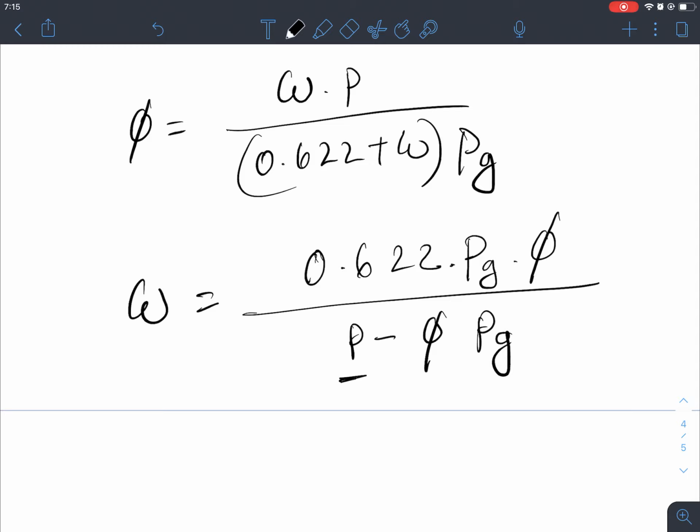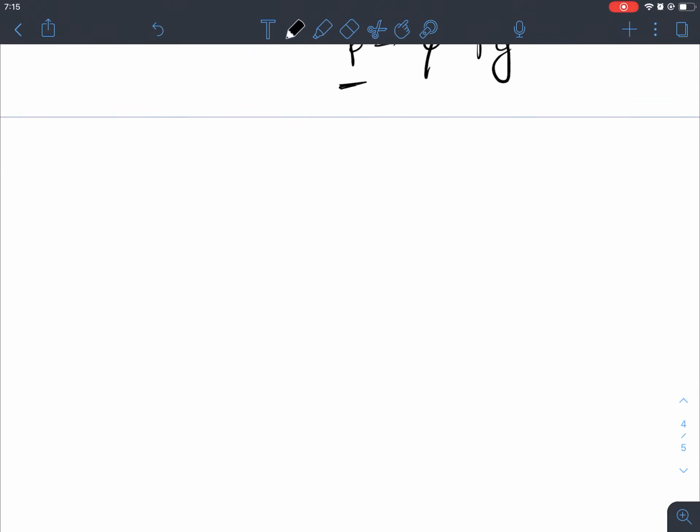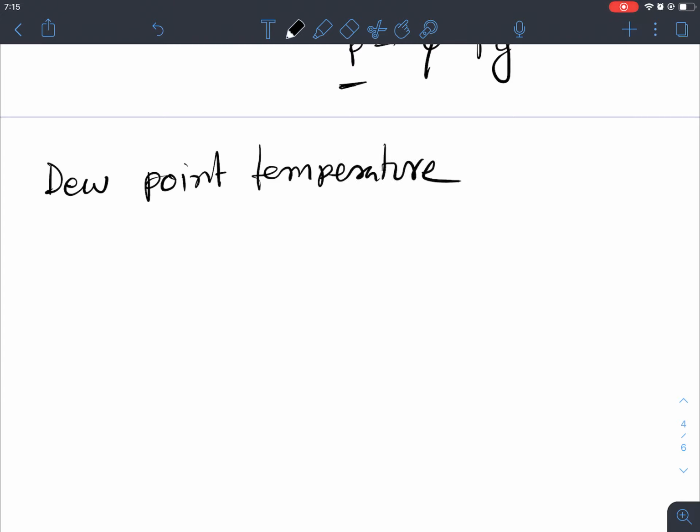So I would like to define a couple more definitions, and then I think we'll be done with this part. Another definition is the dew point temperature. Everybody knows about the dew, right? In the morning we see the dew droplets on the grass.